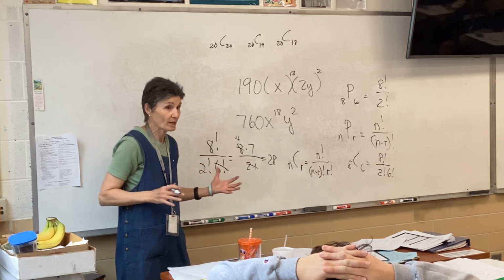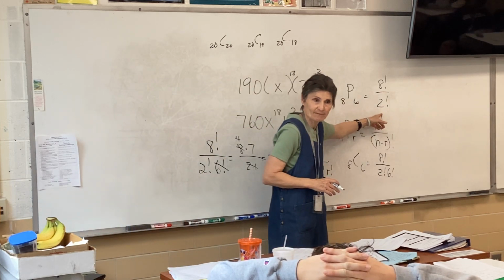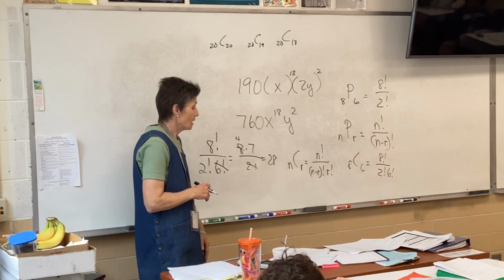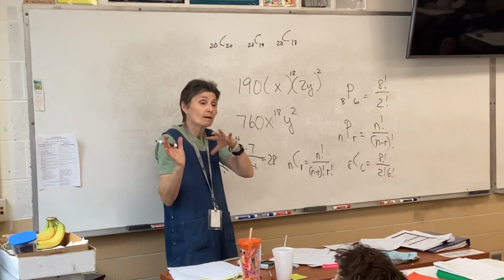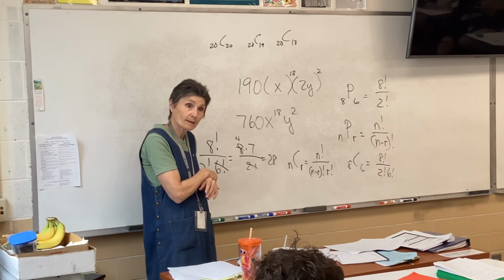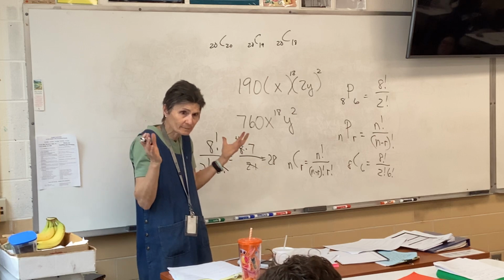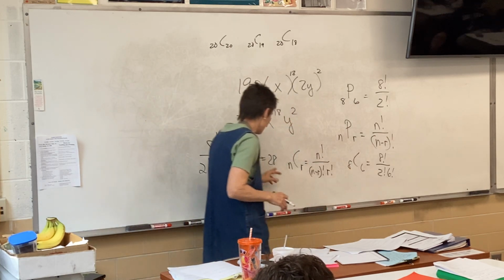All right, things are always going to cancel out. Now, not as much cancels up here, so that's why I kind of avoided that one. That's going to be a lot of multiplying. But yes, you get rid of the factorials by writing them out and canceling whatever you can. But then in our calculator, we're going to use the buttons. Yes, if you're doing it on your calculator, you just press the button. And if you typed in 8C6, it's going to say 28.